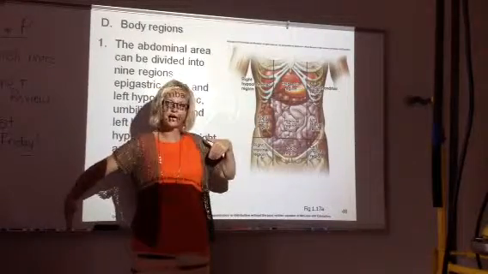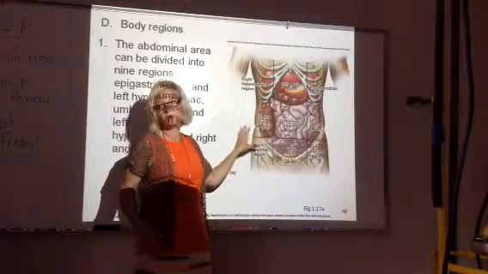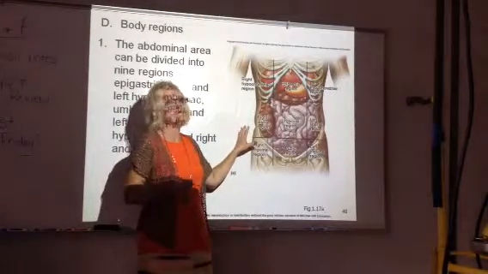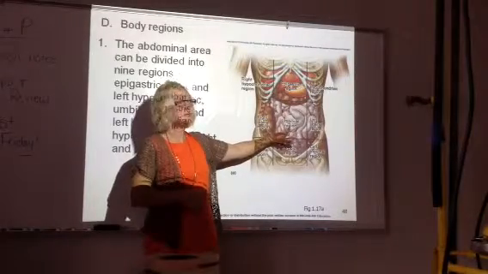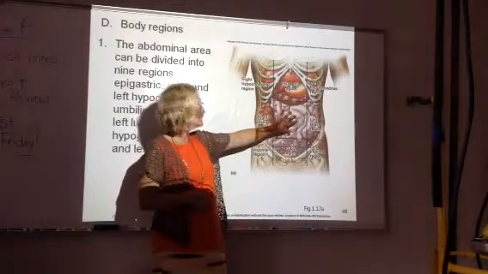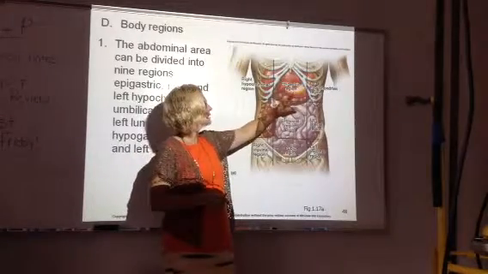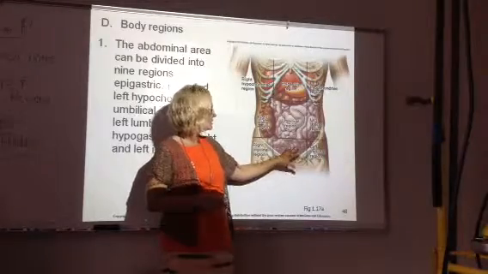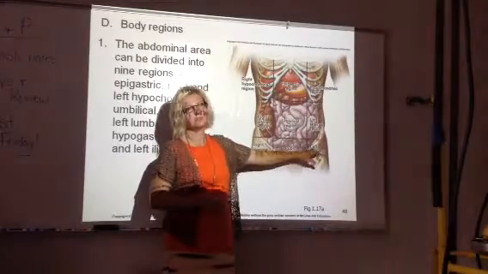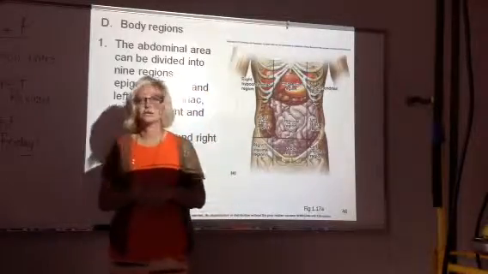Right lateral, to the side. And this is something that you will label and you'll just need to memorize. Umbilical deals with the umbilical cord, belly button area. Umbilical's right in the middle. Epigastric deals with above again. Pubic region down in the middle. Left inguinal, left lateral, and left hypochondriac.